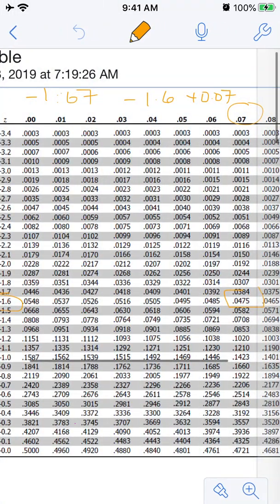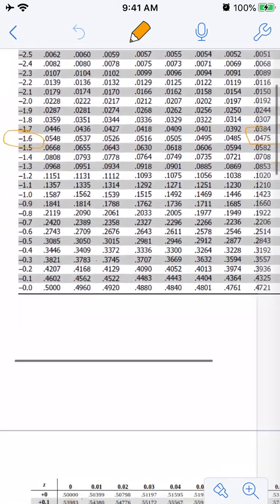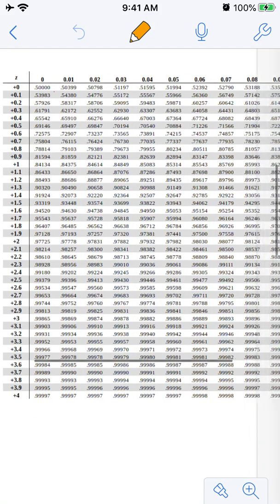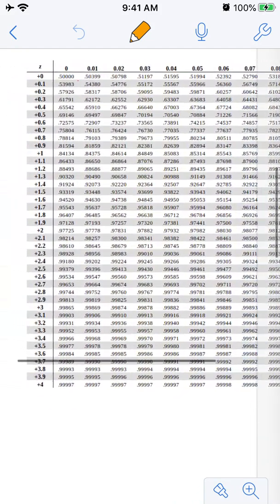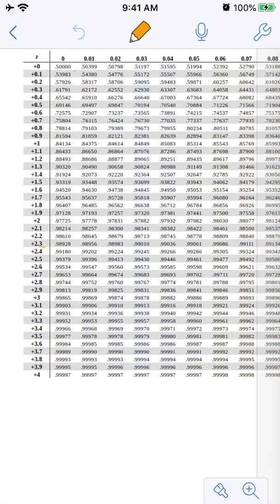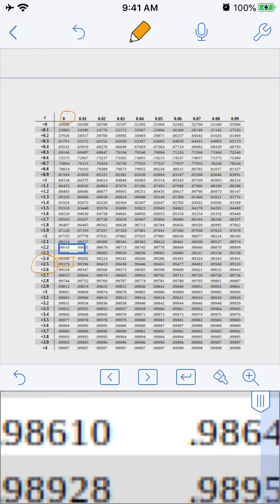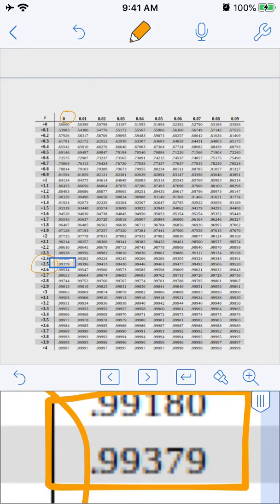Let's go check out our table. Okay, negative side's not going to help me. Let's go to the positive side now. Don't know what this line thing is, but okay. Oh, it's just the bar. So positive 2.5 is here. 0 is there. Now we see why we wanted to keep that 0, so we knew which column to go to. Their matchup right there: 99.379.